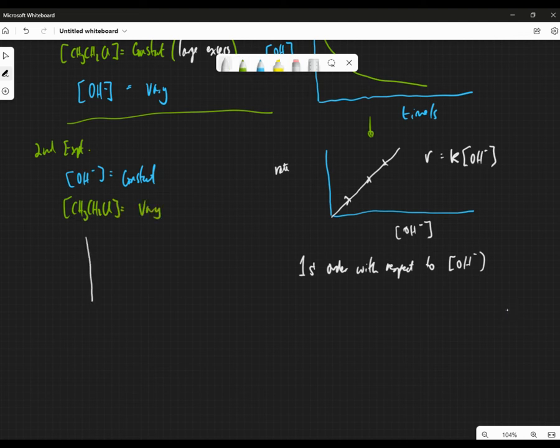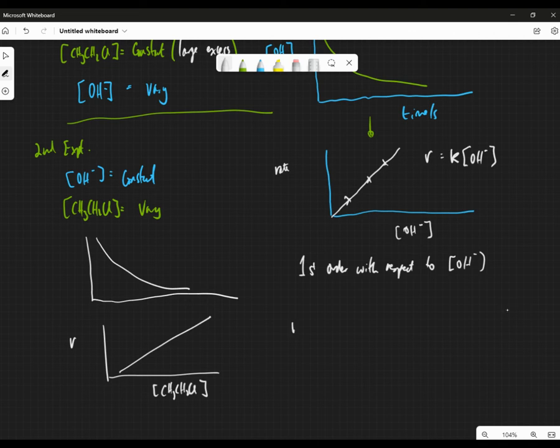Sorry to repeat myself all the time. The first graph is going to be something like that, and the second graph is rate against concentration, in this case the concentration of the halogenoalkane. From the second one, we can say the rate is equal to some constant times the concentration of halogenoalkane. I'm going to call these constants K1 and K2.